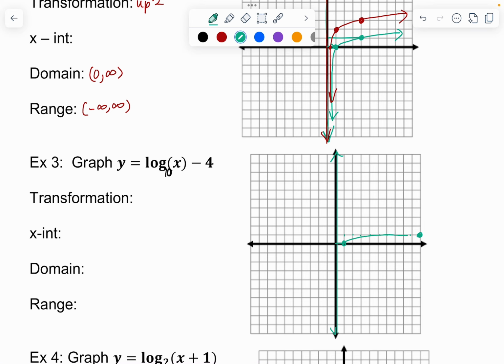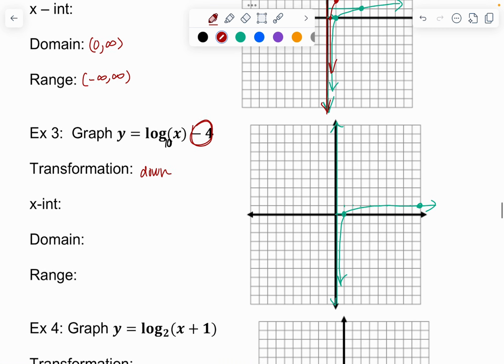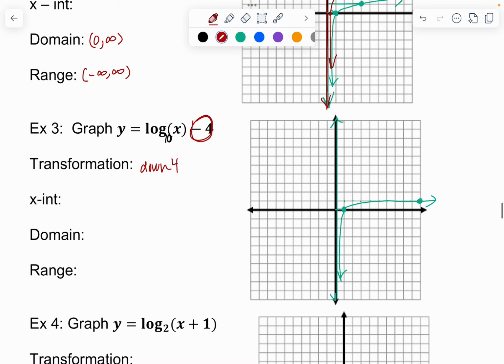And so up towards the right, tail down towards the asymptote. And then shifting down 4. Anytime you have a plus or minus outside the log, that's up and down. And so we're going to move our x-intercept down 4 and then move our other significant point down 4.